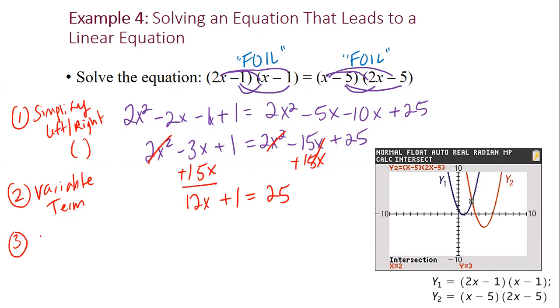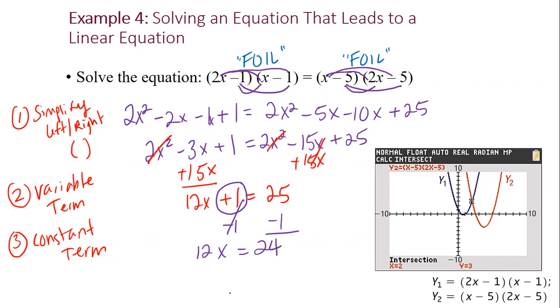Our third step is to move our constant term. My constant is a +1. So I'm going to subtract 1 from both sides. I'm going to simplify, and I'm left with 12x equals 24.